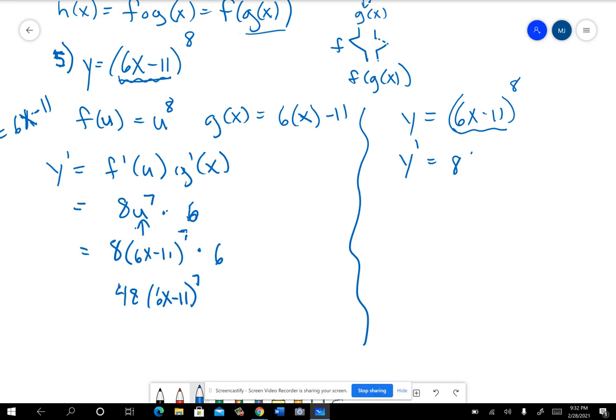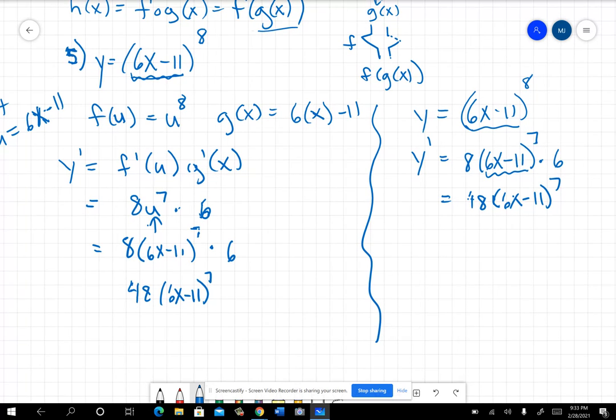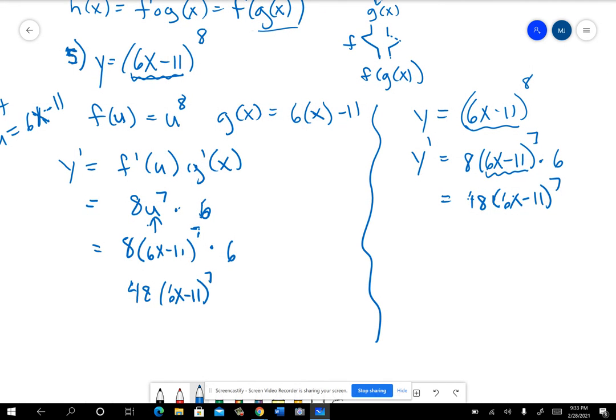You bring the 8 down in front, have 6x minus 11 raised to the 7th, and then the only thing you have to do is tack on the derivative of the inside function. And you have it that quick. Usually I don't do those by using a u, but we could have substituted or thought of it using that formula.